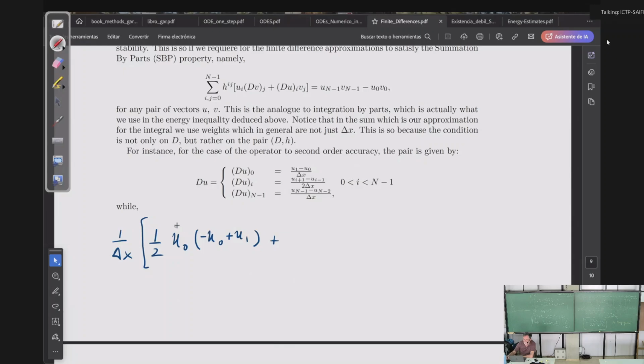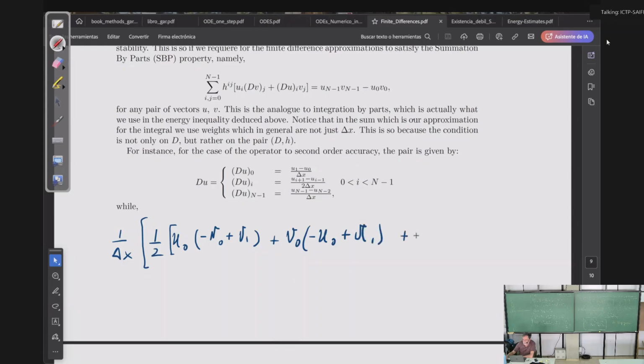Plus, this is the first point. Plus, sorry, this is B. B0 and B1. And here we have B0 times minus U0 plus U1.